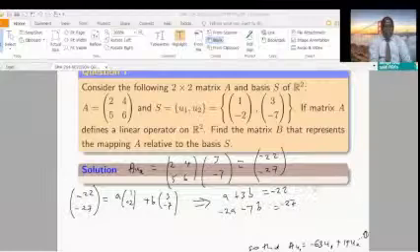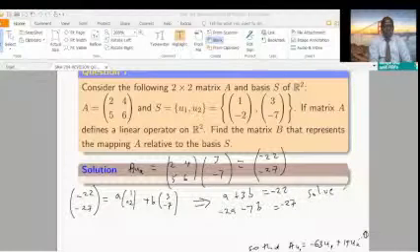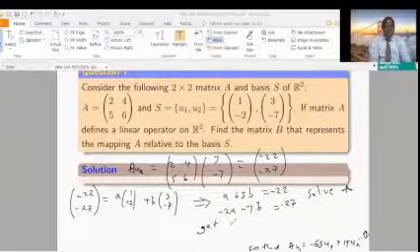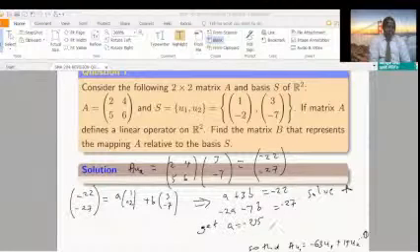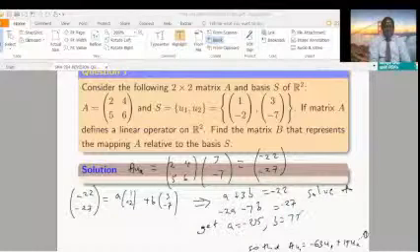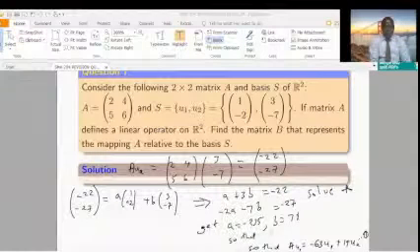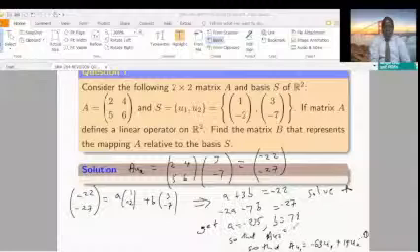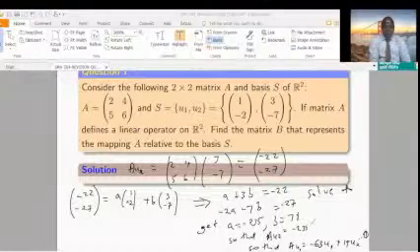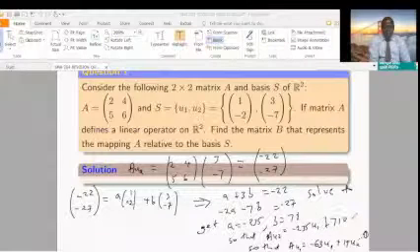When you solve this simultaneously, you get A to be negative 235 and B to be 71. So that A of U2 will be negative 235 U1 plus 71 U2.